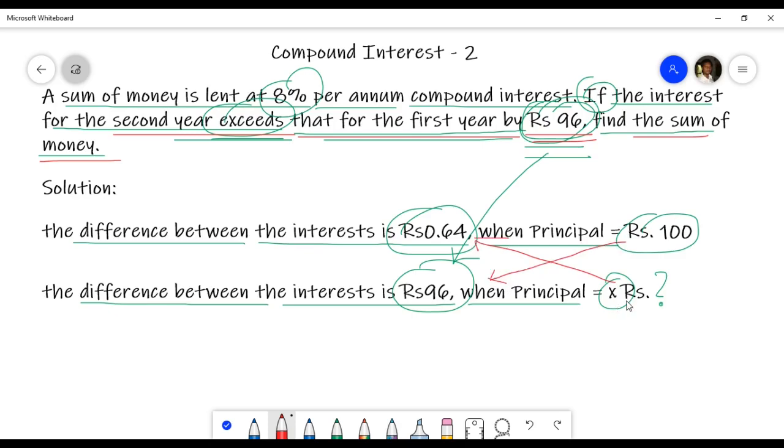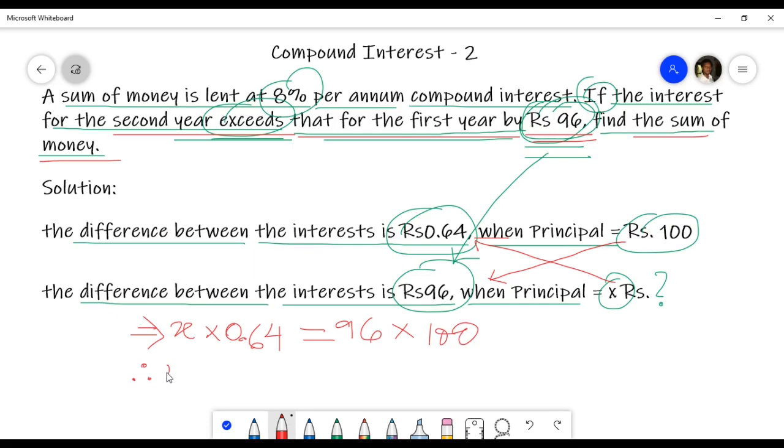I hope all of you know how to cross multiply. So we will multiply x into 0.64, that is x into 64 paise, which is equal to cross multiplying 100 into 96, or 96 into 100.